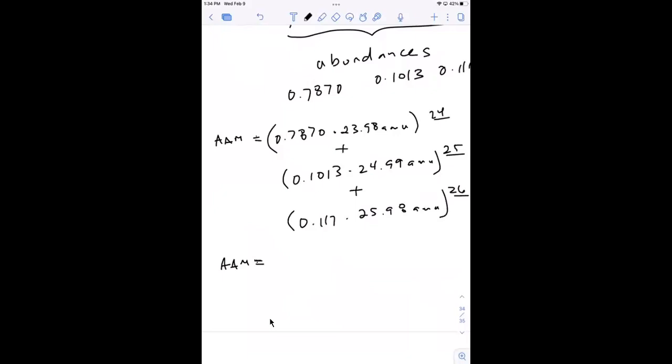Is it 18.87? Yep, 18.87 AMU plus, somebody give me the second one, 0.1013 times 24.99. Okay, I see it now in the chat. Thank you. 18.87 for the first one.